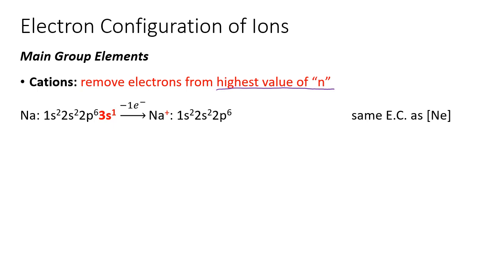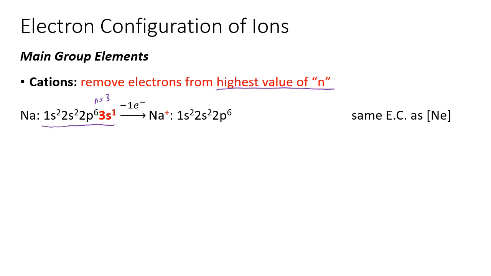So if we look at our electron configuration for neutral sodium, we have 1s2, 2s2, 2p6, 3s1. And that 3s1 represents our highest value of n in this case. So n is equal to 3. That's where that electron is going to get taken away from when it's removed to form a sodium ion.